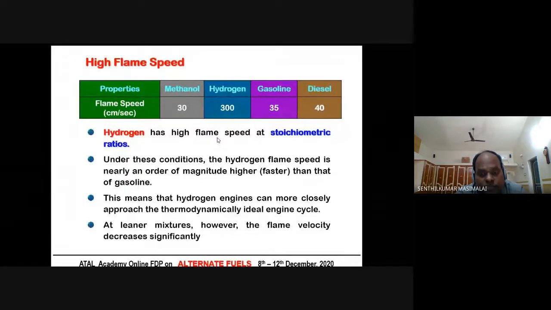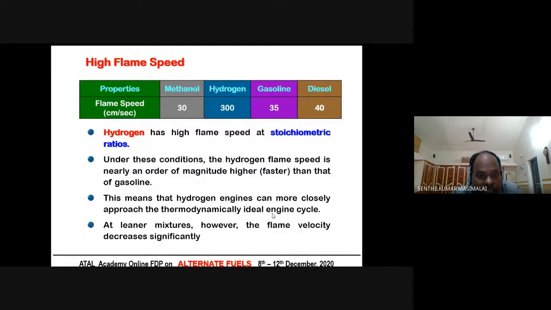And the combustion will approach the ideal Otto cycle. We are aware of the Otto cycle: it has constant volume combustion, so heat addition is at constant volume.